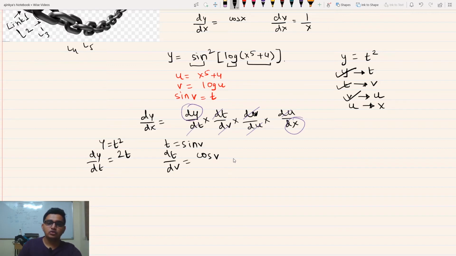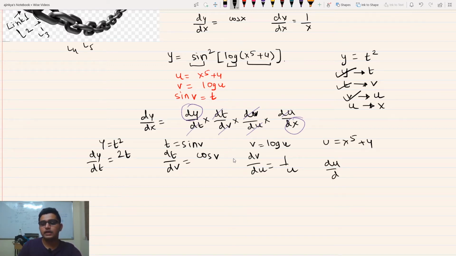Now v equals log of u, so dv upon du will be 1 upon u, and then you have u equals x raised to 5 plus 4. So you have du upon dx as 5x raised to 4 plus 0, which is nothing but 5x raised to 4. Now you have to multiply all these values.